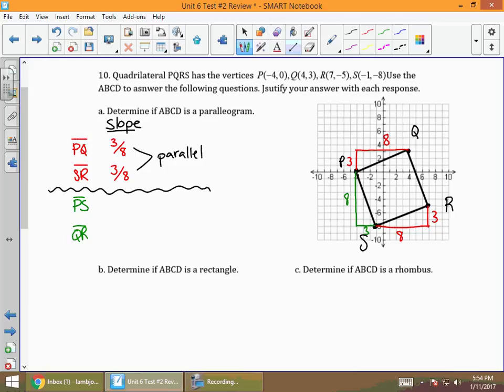So my rise down 8 is -8 over the run, which is going to the right 3, which is a positive 3, -8/3. From Q to R, I'm going to the right, 1, 2, 3, and then I'm going straight down 8. So the rise is down 8, which is -8. The run is to the right 3, which is positive 3. So look at these. They have the same slope. These two things are, in fact, parallel.